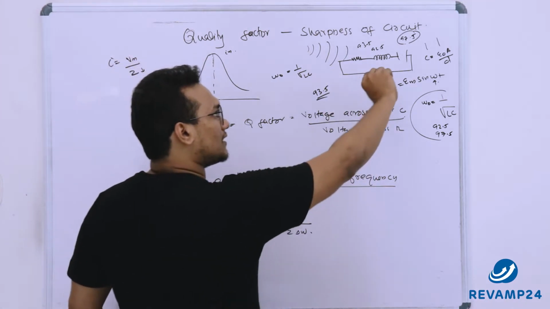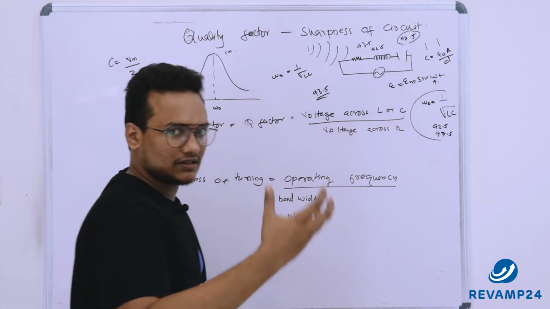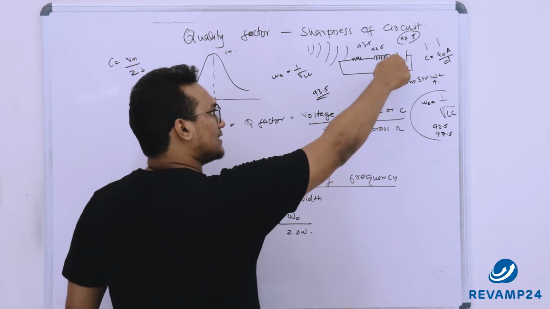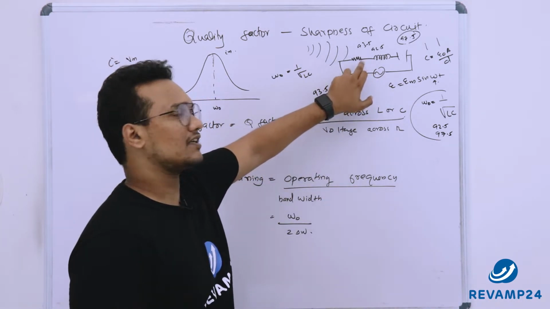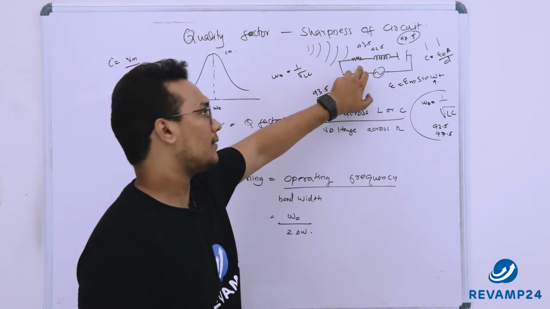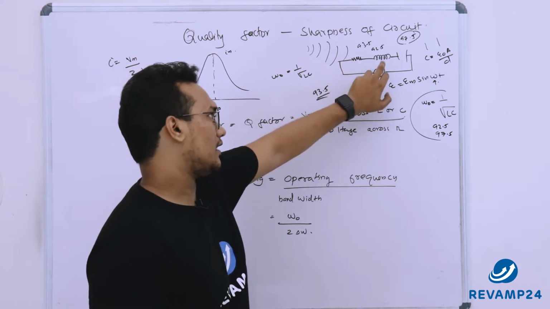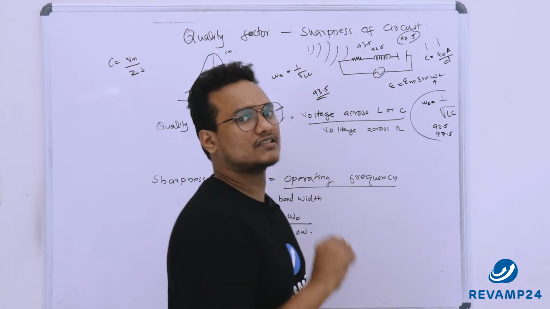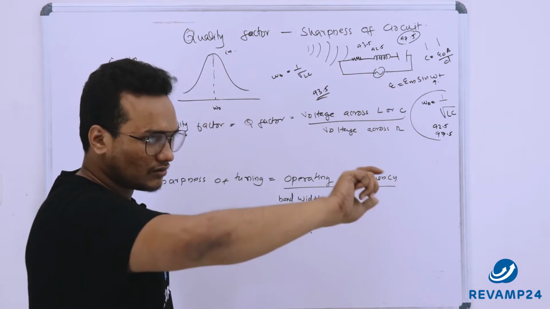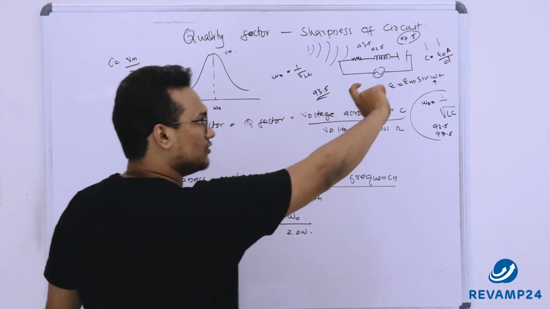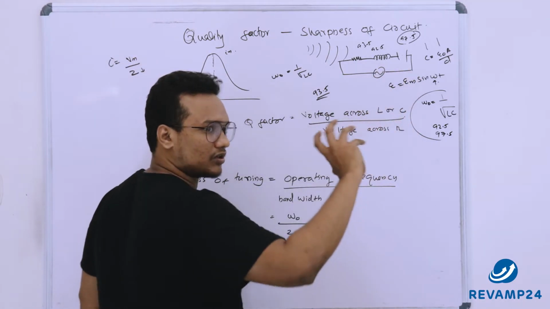Whichever radio station or TV station we need, we can change the value of C. Here it is not possible to change the value of the resistor because it is fixed. The inductor also is difficult to change. The one which is easy to change is the capacitor. Changing the capacitor is associated with rotating the knob.